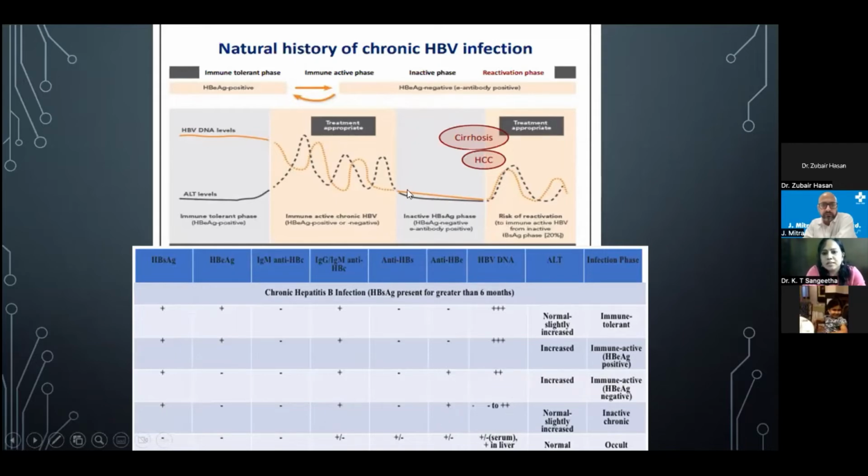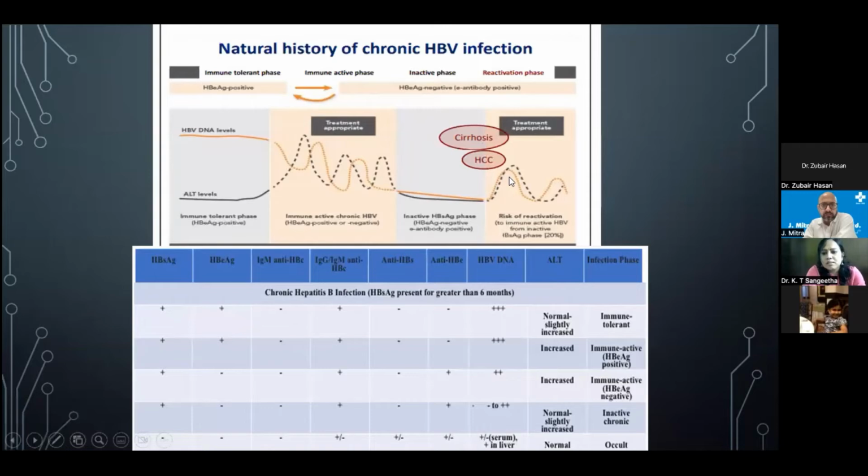You can see the DNA levels have started coming down and even the enzymes have normalized. So this is an inactive chronic phase. After this, depending on other factors, there is a risk of reactivation to the immune active phase, where the patient develops cirrhosis and hepatocellular carcinoma.